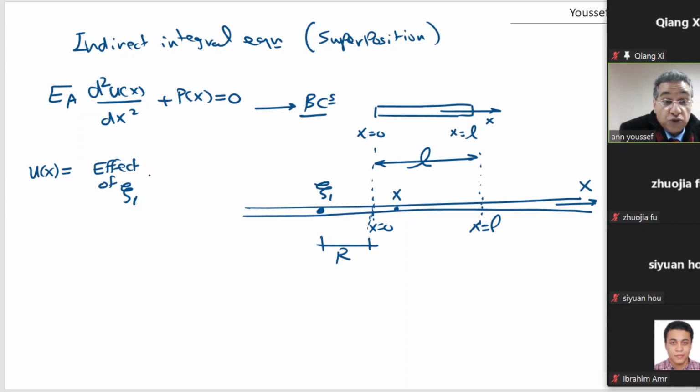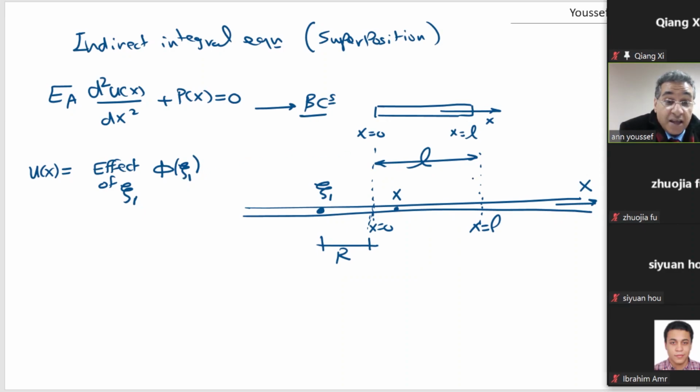For example, if this source load is not equal to unity, but equal to 5, for example, this is the intensity at xi1. So U at any point x inside the beam or outside the beam equals the effect of xi1 times phi at xi1, the intensity at xi1.